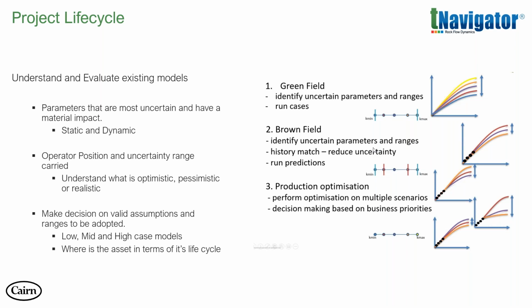The in-place volumes don't change much. There's not a lot of degree of change in terms of what's there, and so your range of uncertainty of in-place volumes is lower, and as a result, you're looking at reducing that range of uncertainty going forward. So this is basically your beginning point to take things forward.